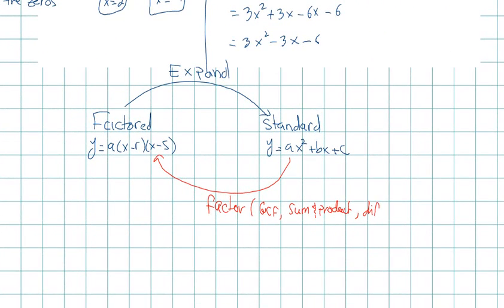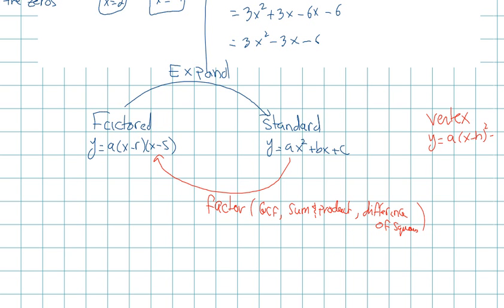Guys, this is the big picture. Okay? This is basically the big picture. I can add to it the vertex form. Okay? So if I want to add to it the vertex form, we only learned one thing about the vertex form, how to go from vertex to standard.